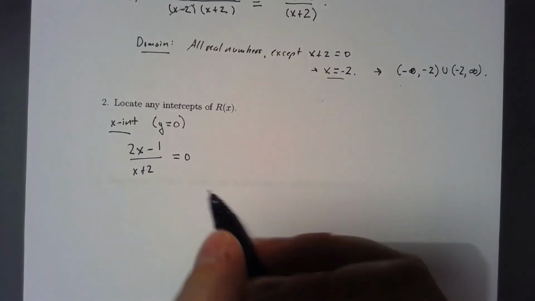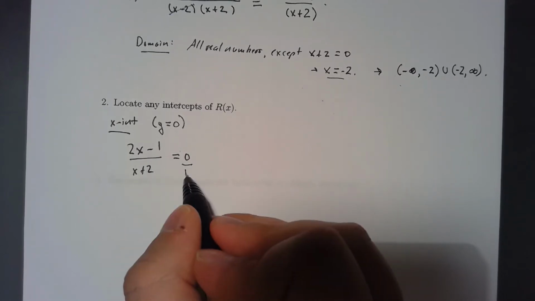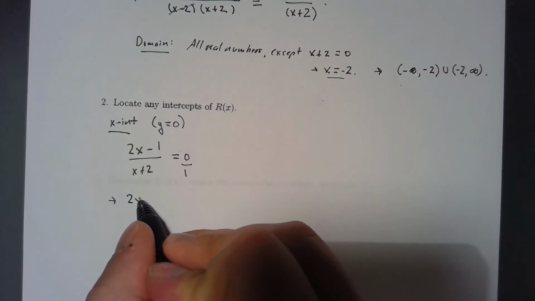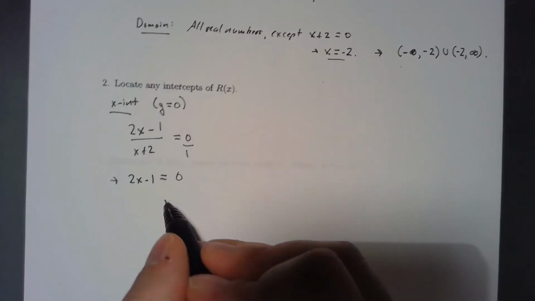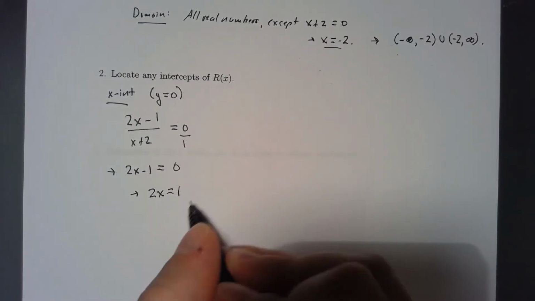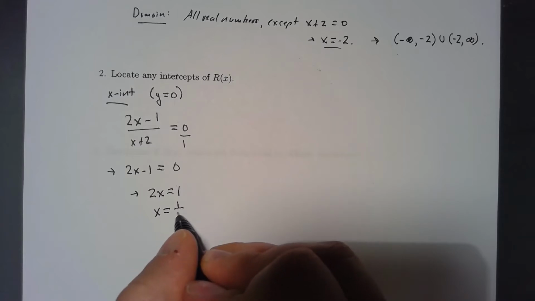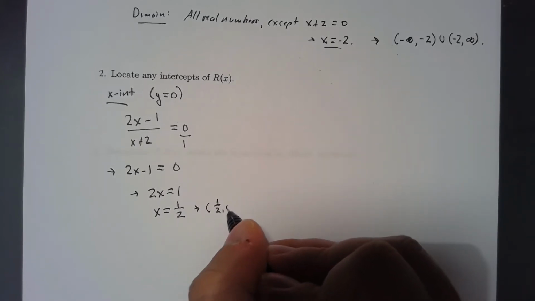If you do cross multiplication there, 2x minus 1 times 1 is 2x minus 1 equals 0 times x plus 2 is 0. Solve that for x. Add 1 to both sides. Divide by 2. You get x equals 1/2. So my x-intercept, my 0, is 1/2 comma 0.